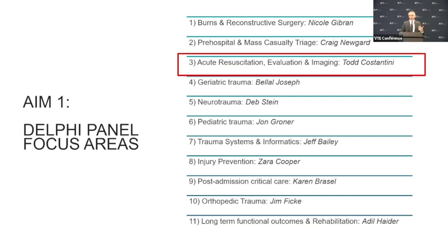Part of our initial meeting of the steering committee and the panelists was to identify how we would approach this, what our topic area would be. And my topic area became acute resuscitation, evaluation, imaging, because we realized that there wasn't really a panel that tackled the entire inpatient hospital management. So how are you going to manage specific injuries?